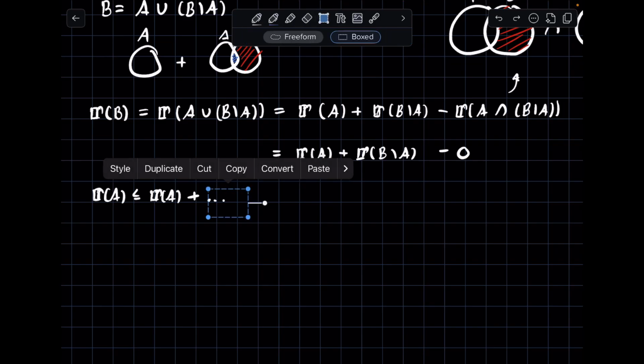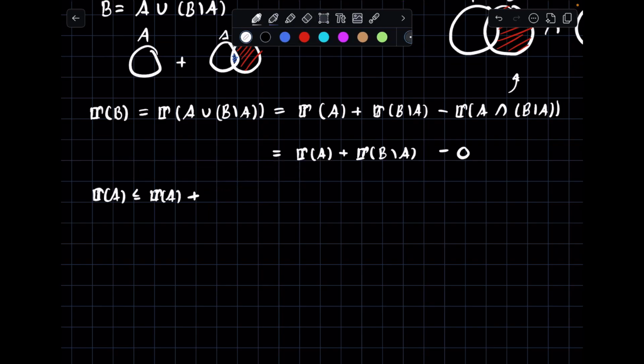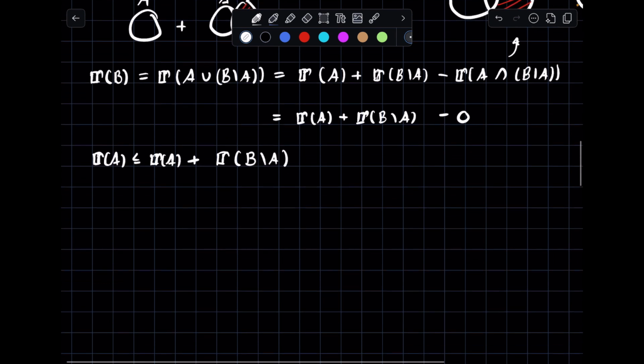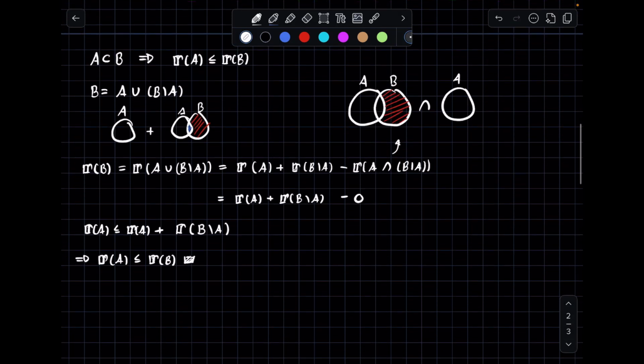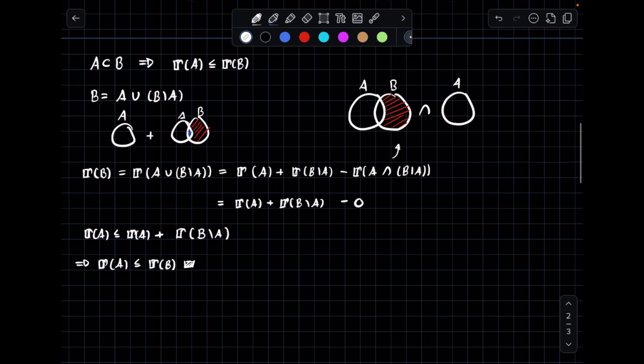So we can just declare that, meaning that P of A is lower or equal to P of B. And just like that, we have finished the proof. It's quite simple once you go step by step.